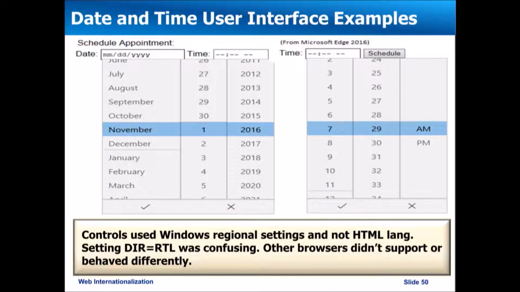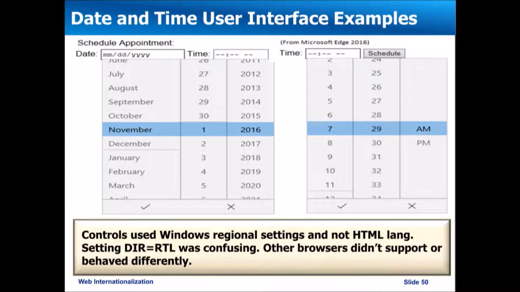Now, how the data gets input, that is determined by the browser and the operating system that you're on. So on the one hand, that's good because it's consistent. On the other hand, it doesn't respect the language setting that you put in your page. It's whatever language the operating system was set at, okay?